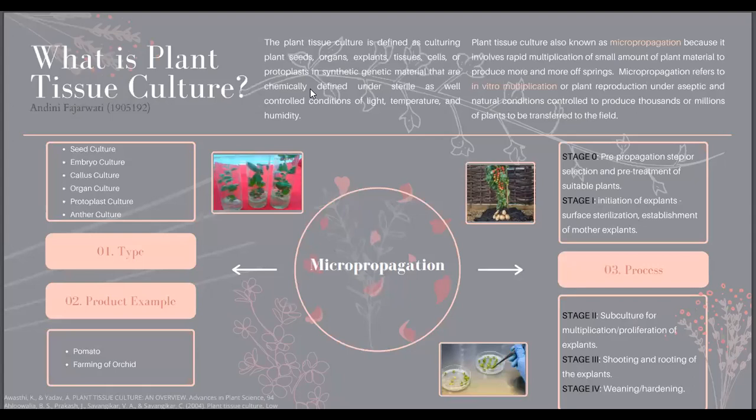In stage 4, the plant is moved into the new environment after we grow it in the laboratory. So the plant will undergo natural selection, the selection of the environment, whether it can grow or it can die.